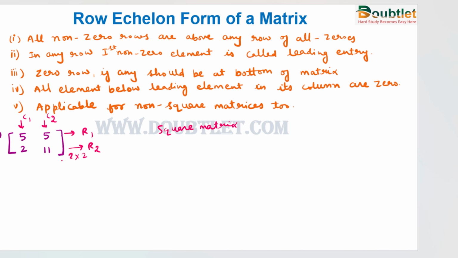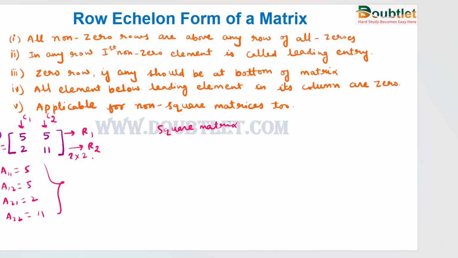Let's name this matrix A. So A11 is equal to 5, A12 is equal to 5, A21 is equal to 2 and A22 is equal to 11. This is the nomenclature of the elements. I will not explain this nomenclature in each matrix.